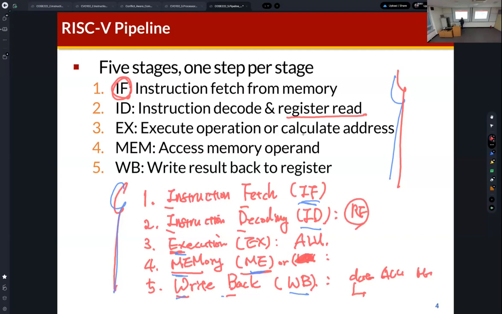The clock period needs to be greater than the sum of all combinational delays. So in the single cycle processor, because the delay of the combinational logic is so long, we need to set a long clock period.